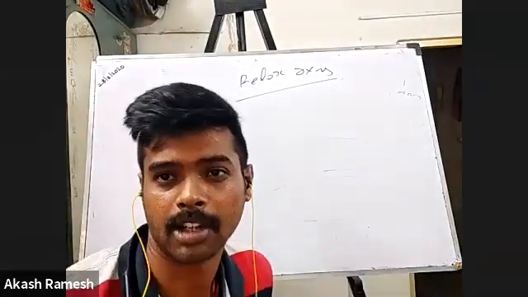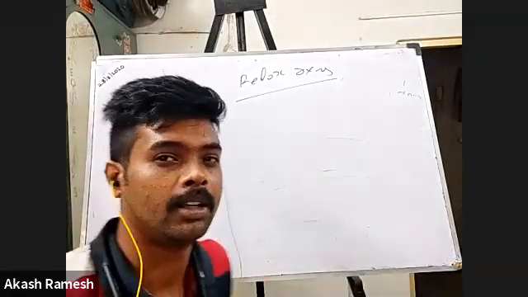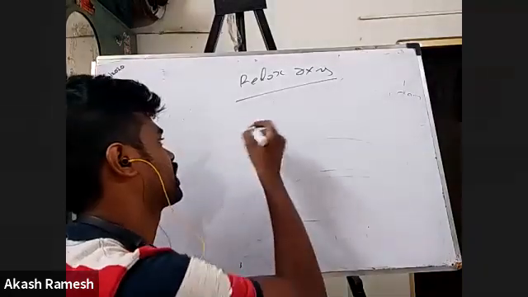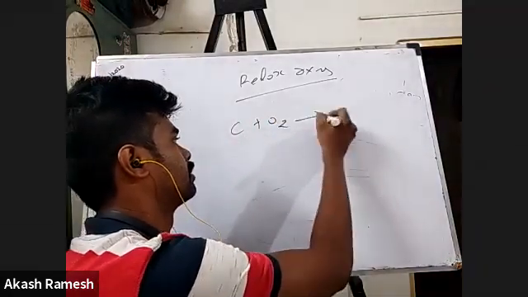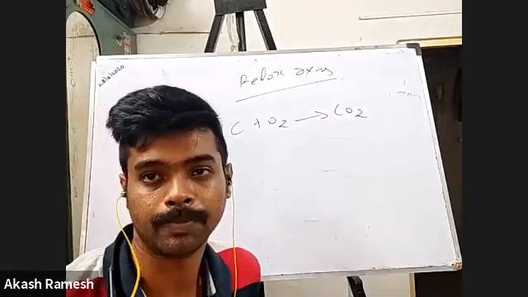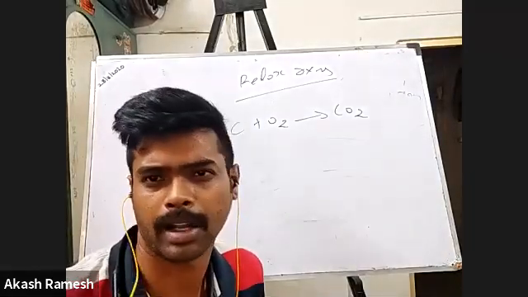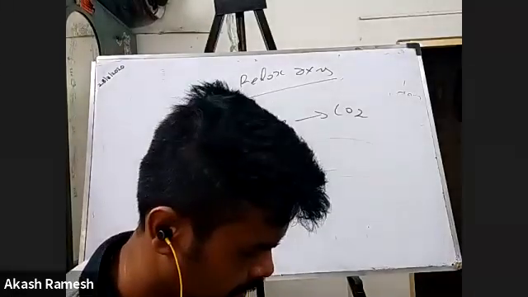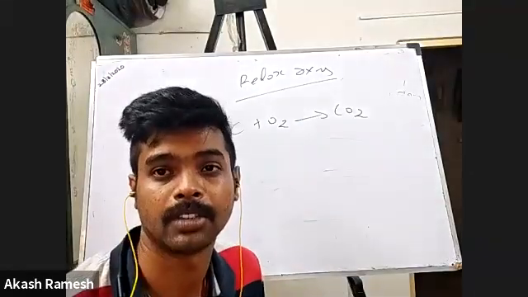Let me start this chapter with a question. I'm writing this reaction: C plus O2 giving CO2. This is a very normal reaction you would have been studying from your lower classes, isn't it?